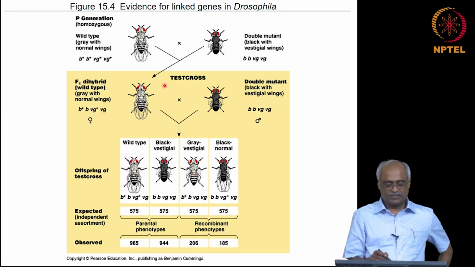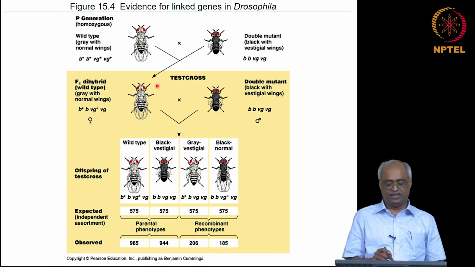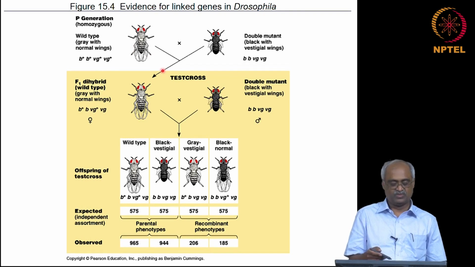So Morgan did an experiment by crossing between one fly strain that had wild type wings but black abdomen, and one that had grey abdomen and vestigial wings, and so vestigial is what we are going to say here.